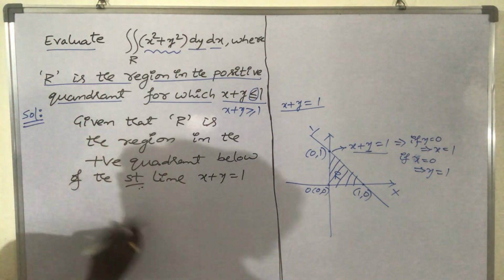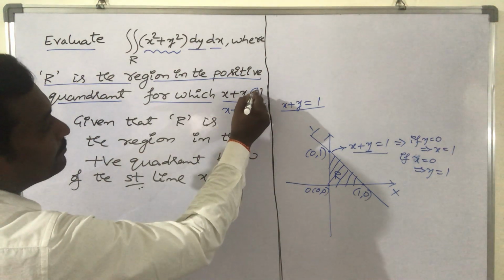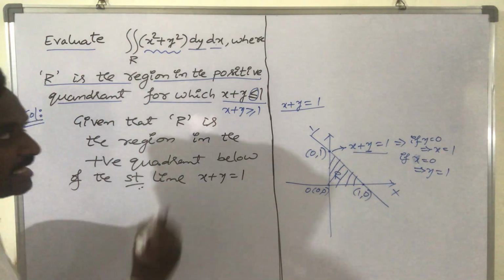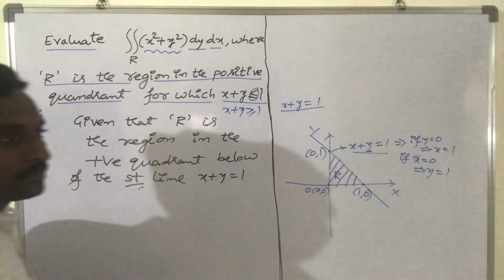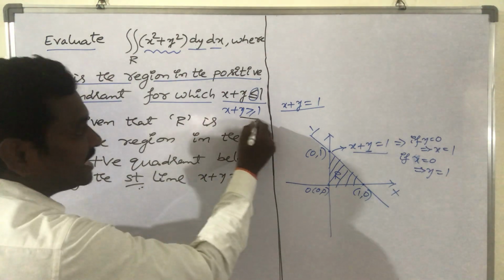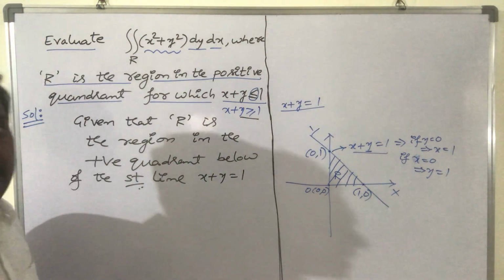Okay, don't get confused by seeing the symbol less than or equal to 1. Less than or equal to 1 represents below the straight line. Greater than or equal to represents above the straight line.